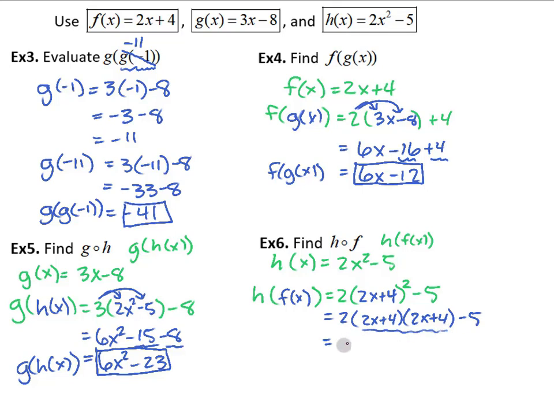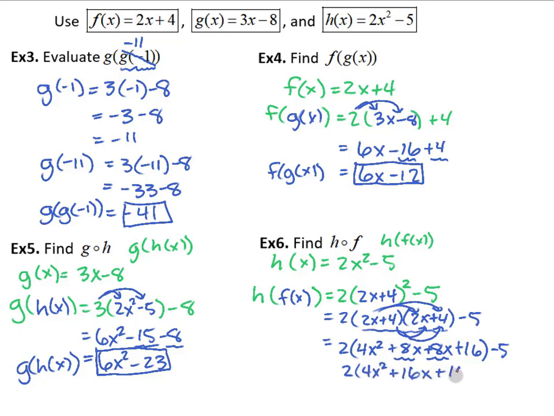I'm going to choose to multiply, or kind of FOIL, those two together first. 2x times 2x is 4x squared. 2x times 4 is 8x. Distributing the 4 now, 4 times 2x is another 8x. 4 times 4 is 16. And we still have our minus 5 out here. So I can combine these two. Gives me 4x squared plus 16x in the middle, plus 16 minus 5.